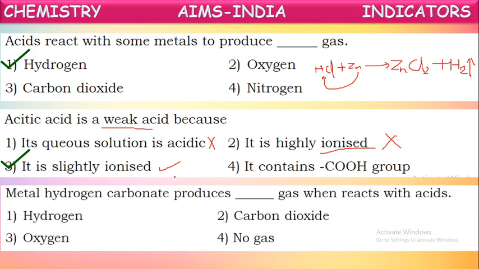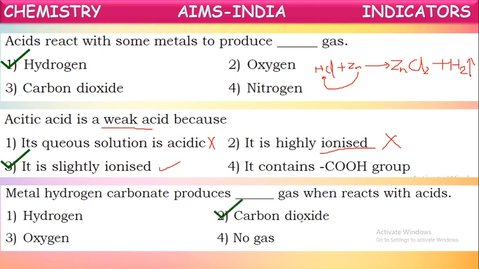Next one. Metal hydrogen carbonates or metal bicarbonates produce dash gas when they react with acids. Yes, what gas is evolved when metal bicarbonates react with acids? Metal bicarbonates also act as bases. When these metal bicarbonates react with acids, they produce carbon dioxide gas.